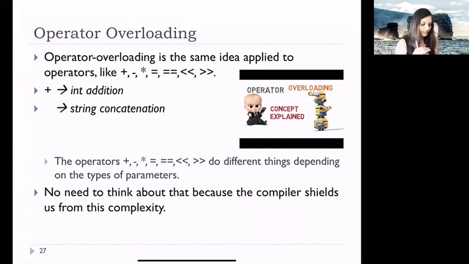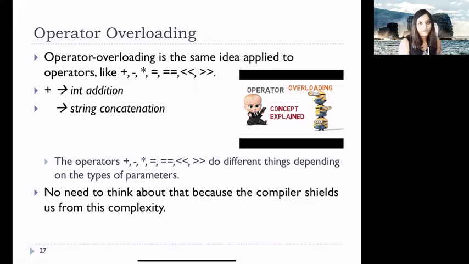This categorization depends on how many arguments the operator takes. Some operators take just one argument, unary operators; some take two arguments. For example, plus, minus: you need an argument before and an argument after. That makes them binary, and so on.